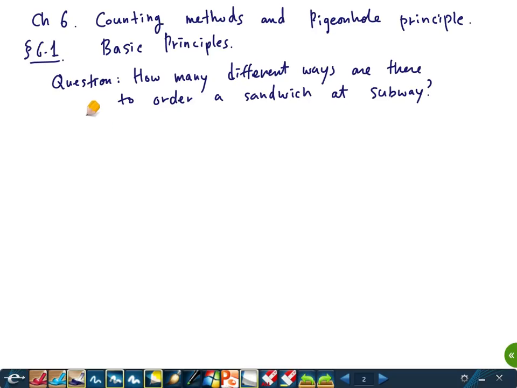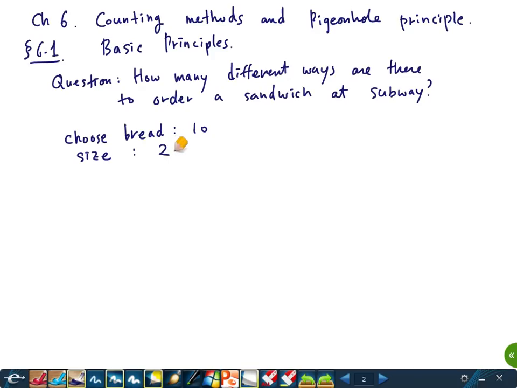Usually, if you go to a Subway, then you have to choose bread, right? So choose bread. I don't know exactly how many possibilities, but let's say 10. There are quite a number of ways to choose bread. And you decide size, maybe 15 centimeters or 30 centimeters.